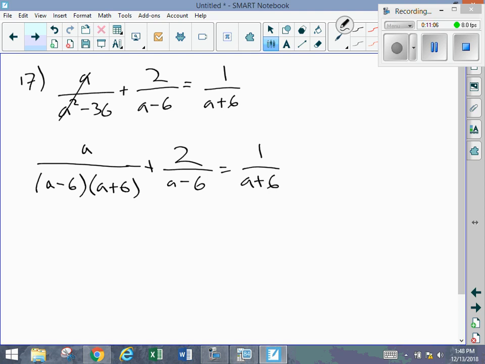That is illegal. It has to be the exact same thing over the exact same thing. And you have a minus sign in there. The only way it works with the minus sign is if you have a minus 6 over a minus 6, you can cancel both of those. But if you have a over a minus 6, you can't cancel those. It's tricky.